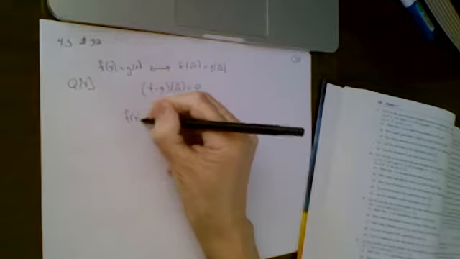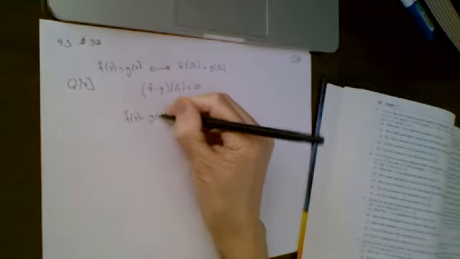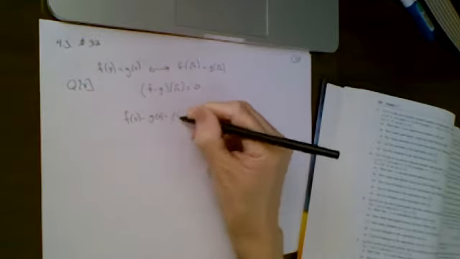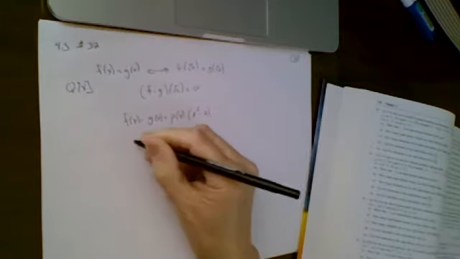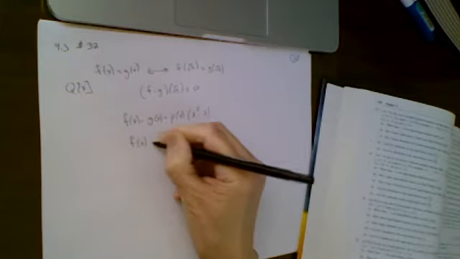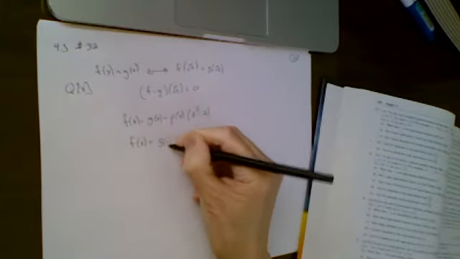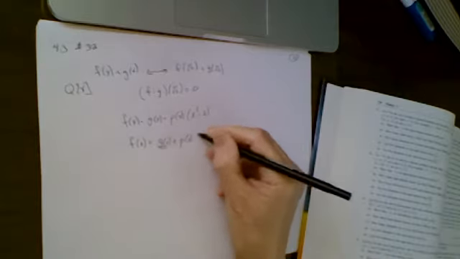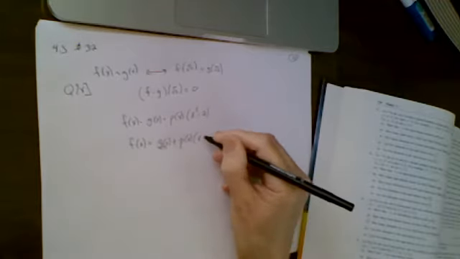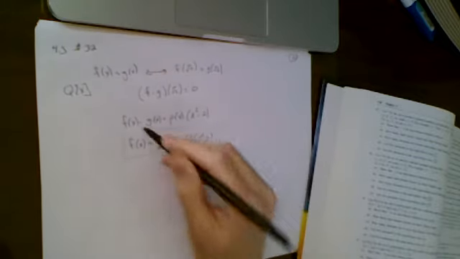So f of x minus g of x is some polynomial times x squared minus 2. So if you've got some polynomial g, then everything in its equivalence class just looks like that polynomial plus a multiple of x squared minus 2.